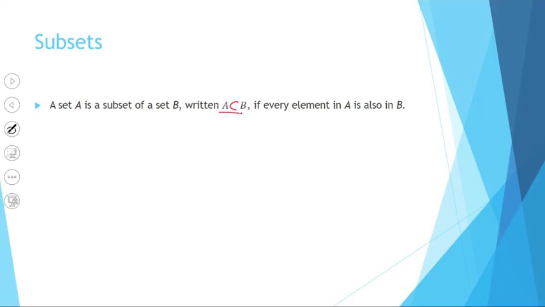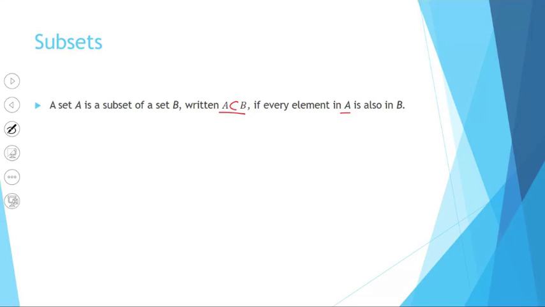A is a subset of B, that's what that says, if every element in A is also in B. So for example, let's take your class, 6th period. Let's say I split that set up. Let's say I made a set of guys and a set of girls, and we'll call guys set A, okay? And we'll call the whole class set S for students, right?